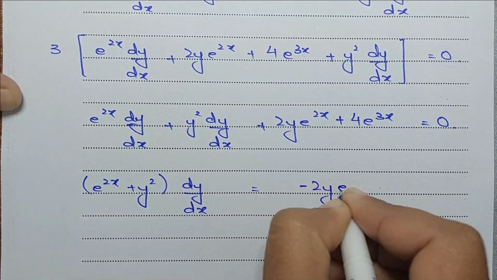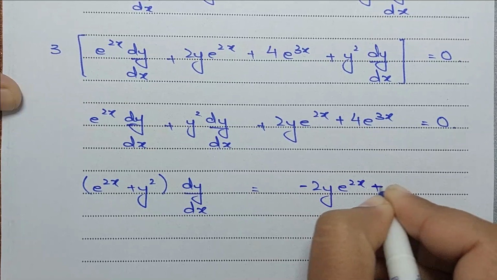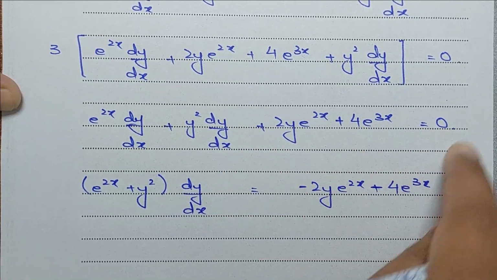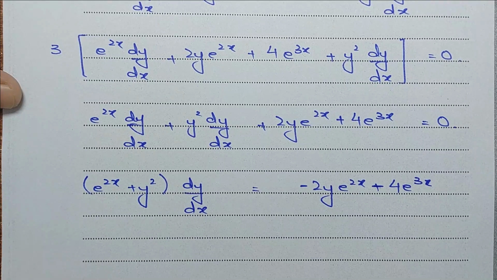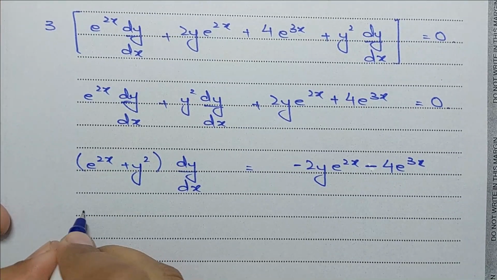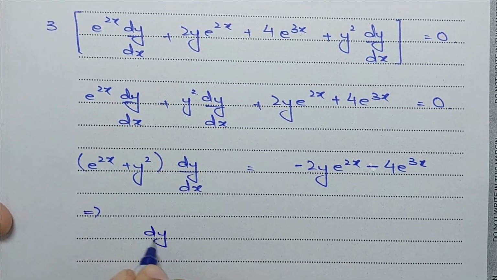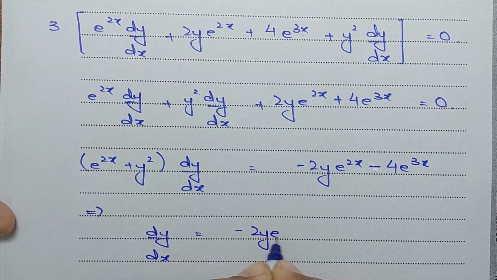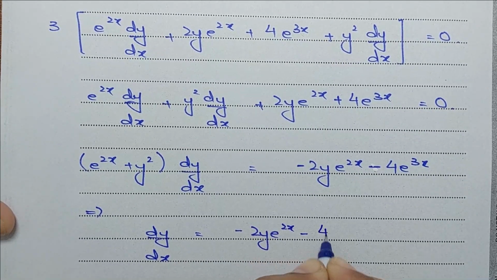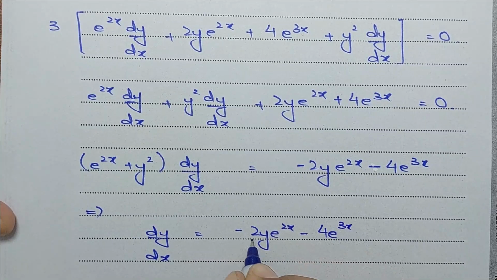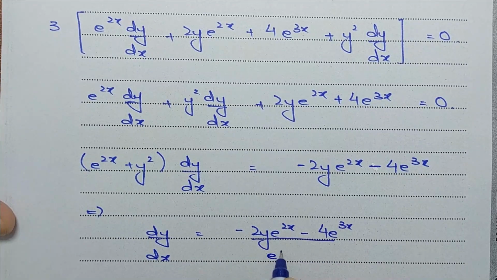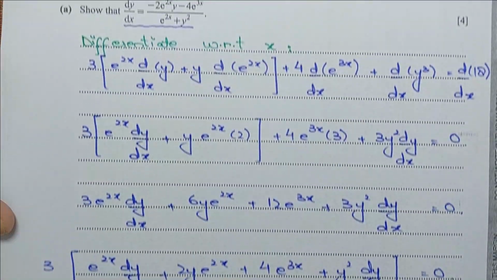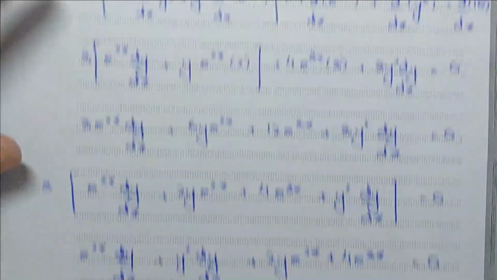Minus 2y e to the power 2x minus 4 e to the power 3x. This becomes negative and this is also negative. Now to get the value of dy by dx, we can divide it. Minus 2y e to the power 2x minus 4 e to the power 3x divided by e to the power 2x plus y square. So we have to prove that its derivative is exactly the same.